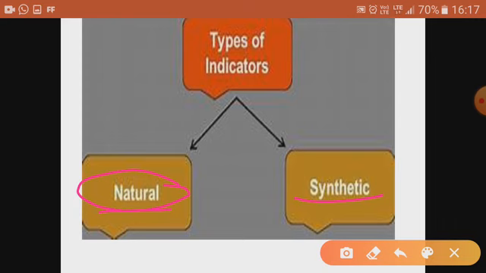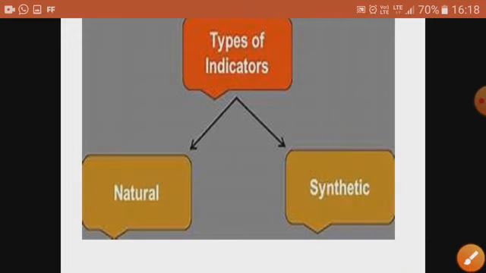What are indicators? Indicators tell the nature of the substance, whether it is acidic or basic. Then synthetic indicators, they are man-made indicators or artificial indicators. Under this we have got two indicators, that is phenolphthalein and methyl orange. So let's get started and study more about indicators.